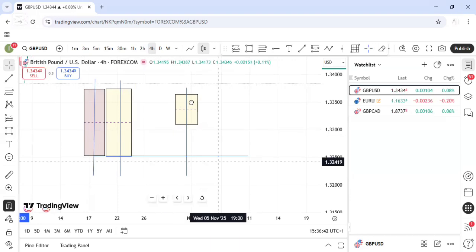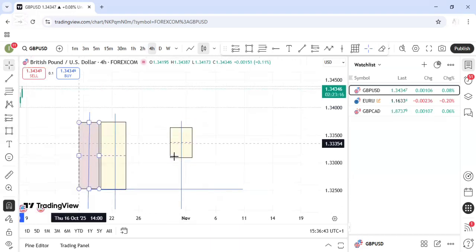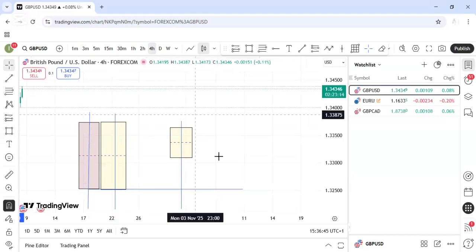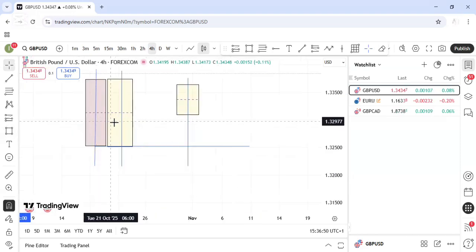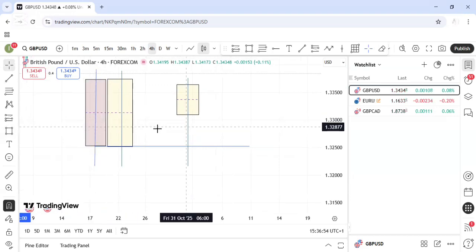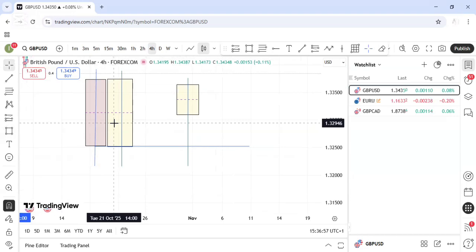And all of this, we are doing on the 4-hour time frame. So on the 4-hour time frame, you're looking for two different candles to close side by side. In this case, we're using a bearish candle and a bullish candle side by side. The closing price of the first candle is at this point.